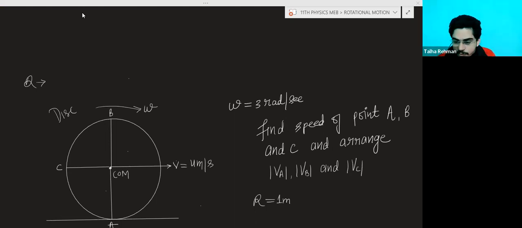In case of circular motion, I told you there are two types of acceleration. What is rotational motion? Different particles are moving in circular motion. So for any particle moving in a circular path, there are two types of acceleration. Can you tell me the names of those two types of acceleration?